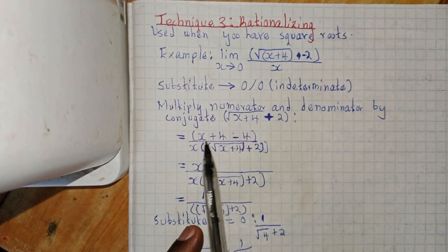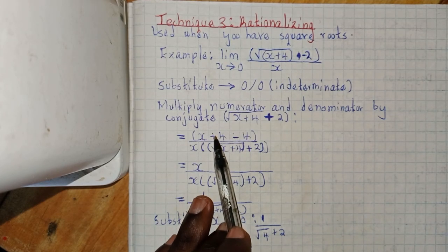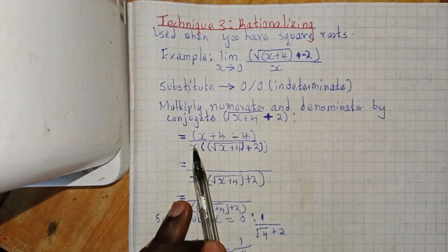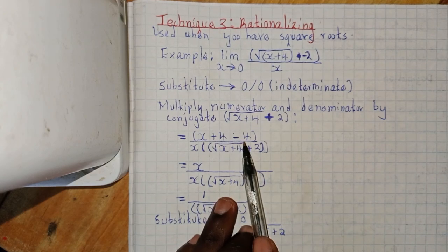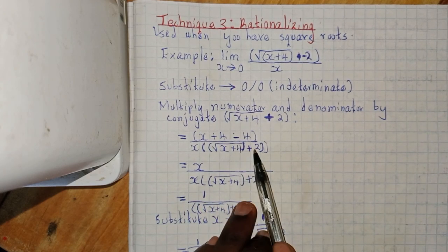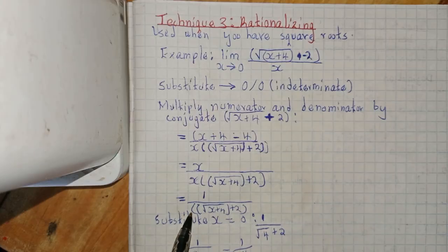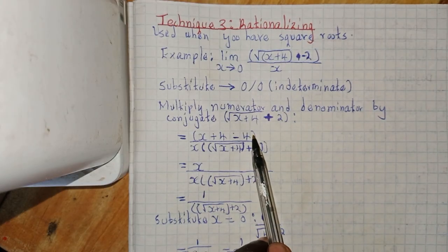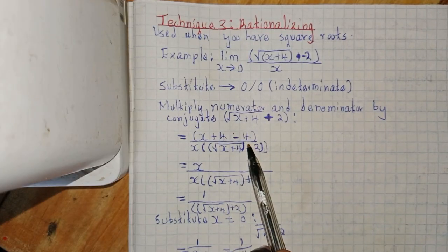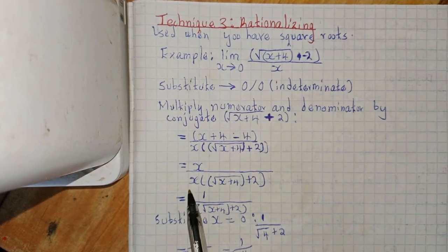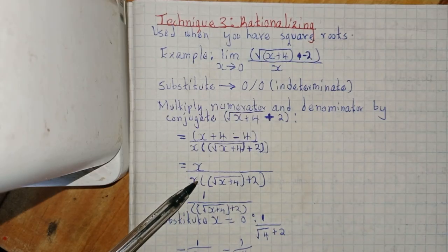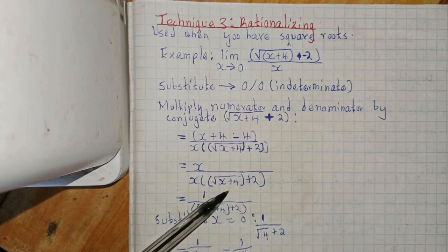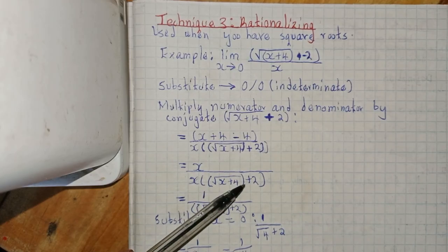After multiplying, we'll get x plus 4 minus 4 all over x into bracket the conjugate, which is the square root of x plus 4 plus 2. If we simplify, this 4 minus 4 will be 0. So it will be x all over x into bracket the square root of x plus 4 plus 2.